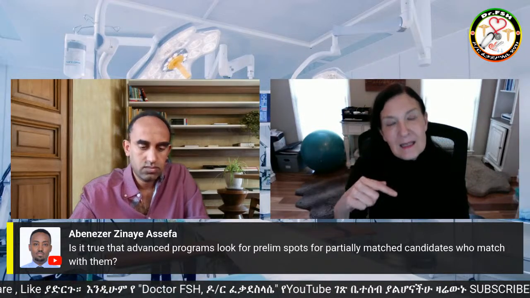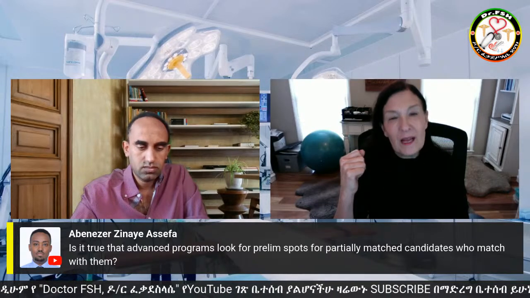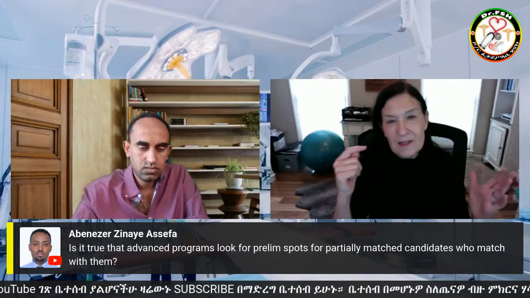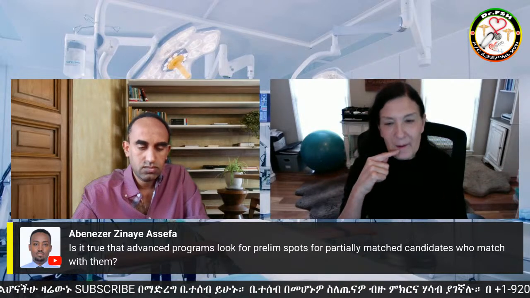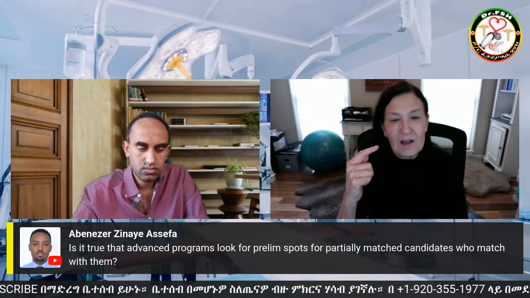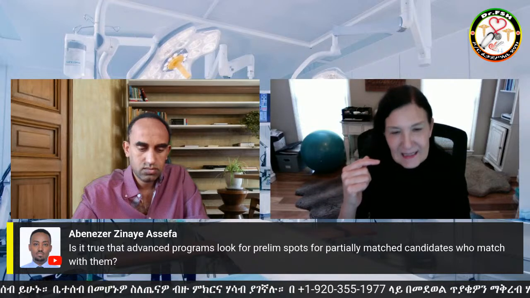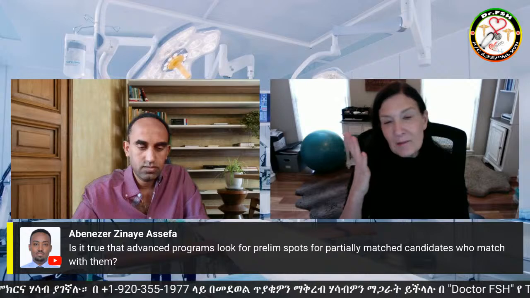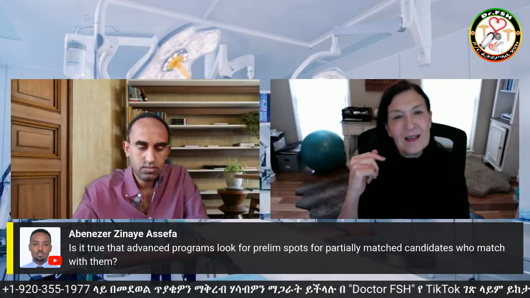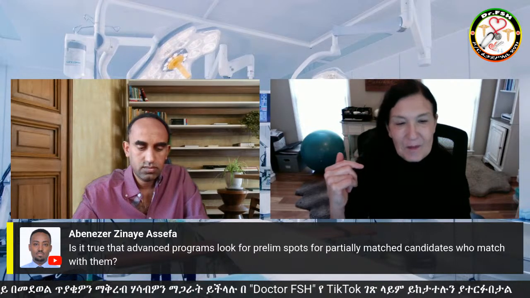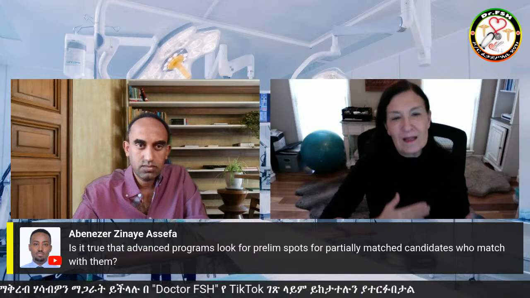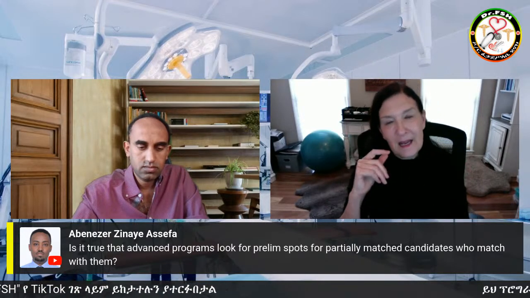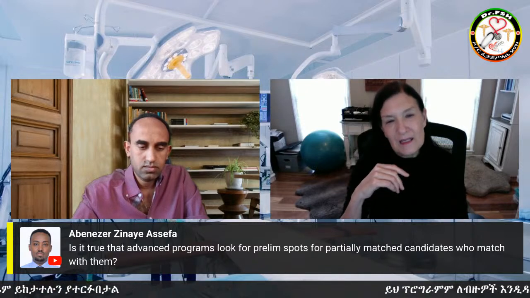The next thing on their list was their desired location. Geography played a huge role for many people for many obvious reasons, which we can talk about. 76%, followed by the quality of the residents in the program, and then the work-life balance. It's interesting because the next thing in line was the reputation of the program, followed by the quality of the program director, the quality of the faculty, all things that I would say are sort of quality issues related to the program.